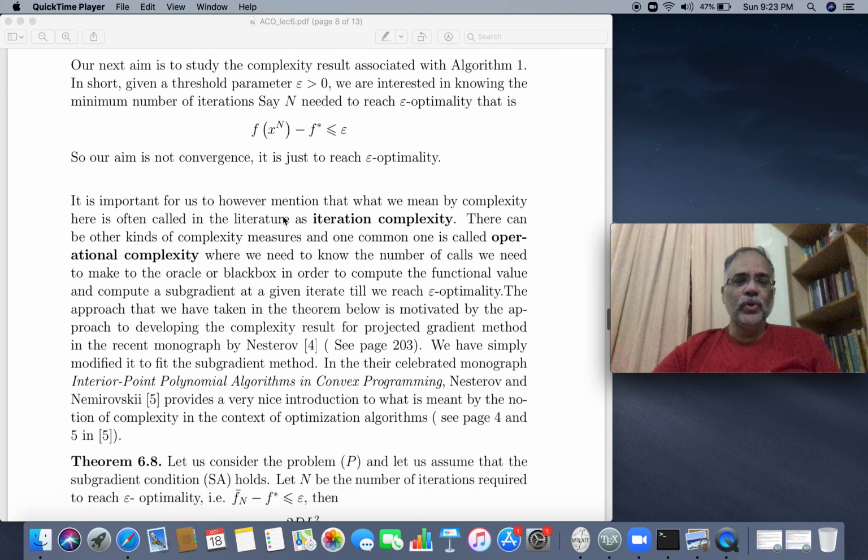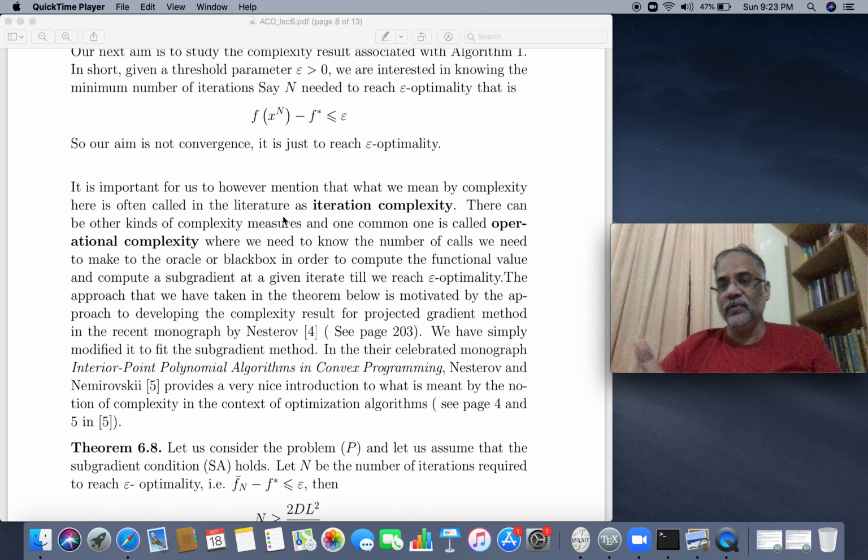There are several books I mentioned here where there's a discussion of this complexity in optimization algorithms. One book is Interior Polynomial Algorithms in Convex Optimization. If this might not look very easy for you, then look at the book by Stephen Wright, which I have not mentioned, but is possibly a fantastic book, one of the optimization books I love.